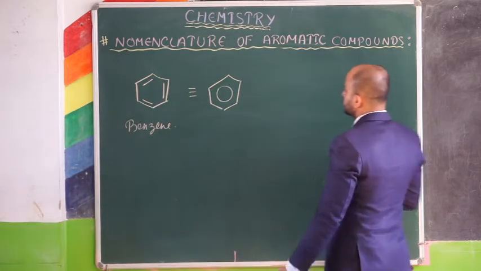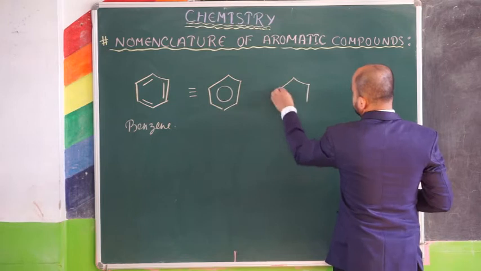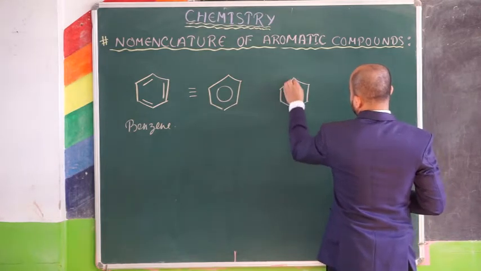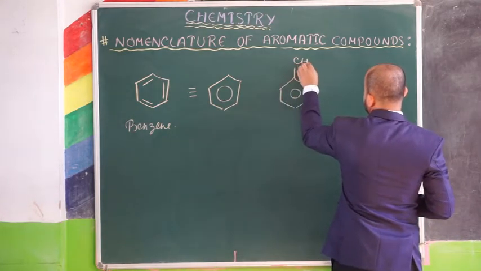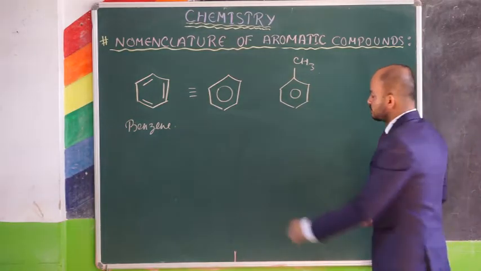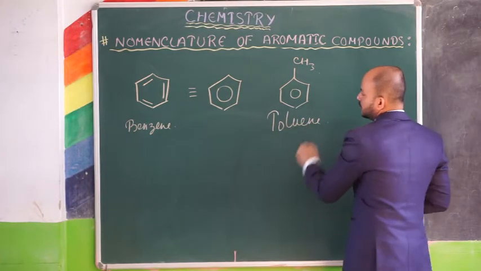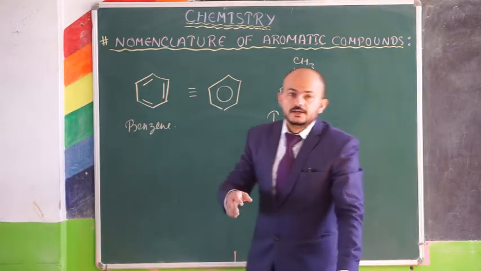Now, whenever a benzene ring has a CH3 group attached to it, this is named toluene.